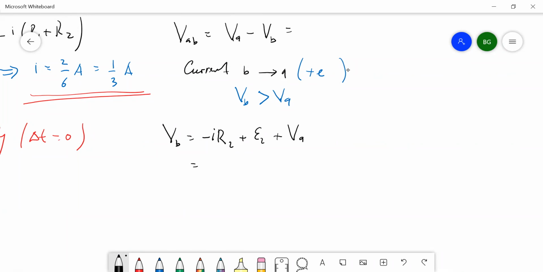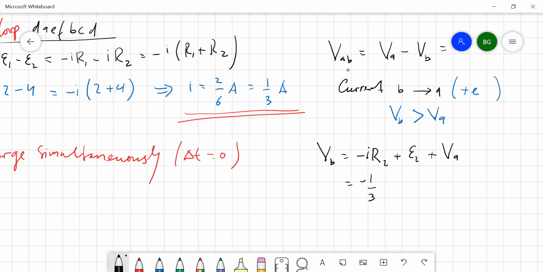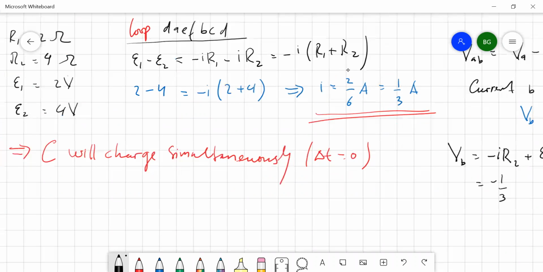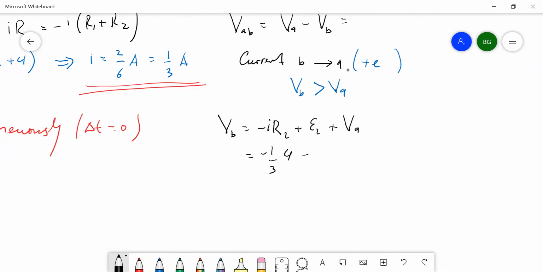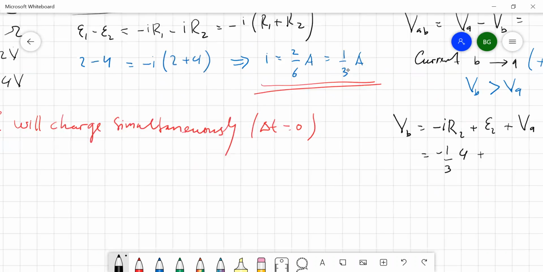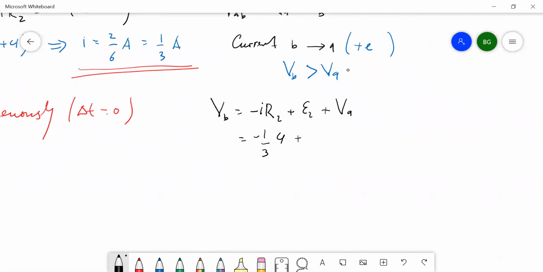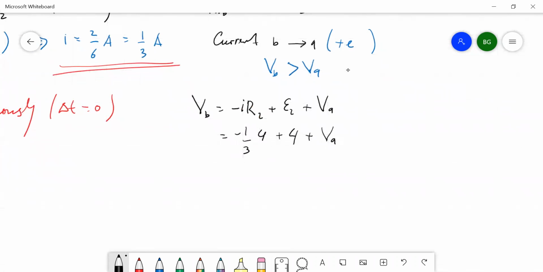So this equals minus 1/3 times R2. Which one is R2? R2 is 4. Plus E2 is 4. Okay. Plus VA. This will be 8/3 VA.